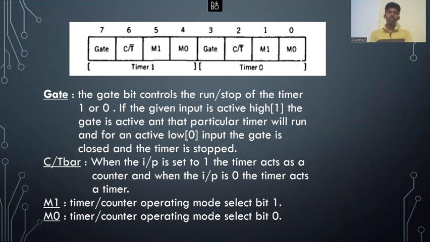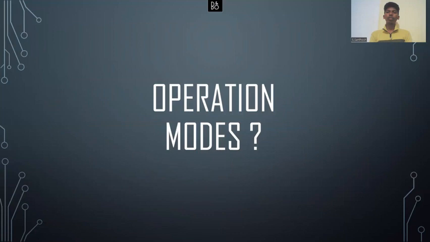And M1 and M0. So these M1 and M0 are the operating modes of timers. So these operating modes are what we'll be studying in the session. So what are these operating modes? While you are working the timer, to specify the task that the timer has to do, we use these modes.